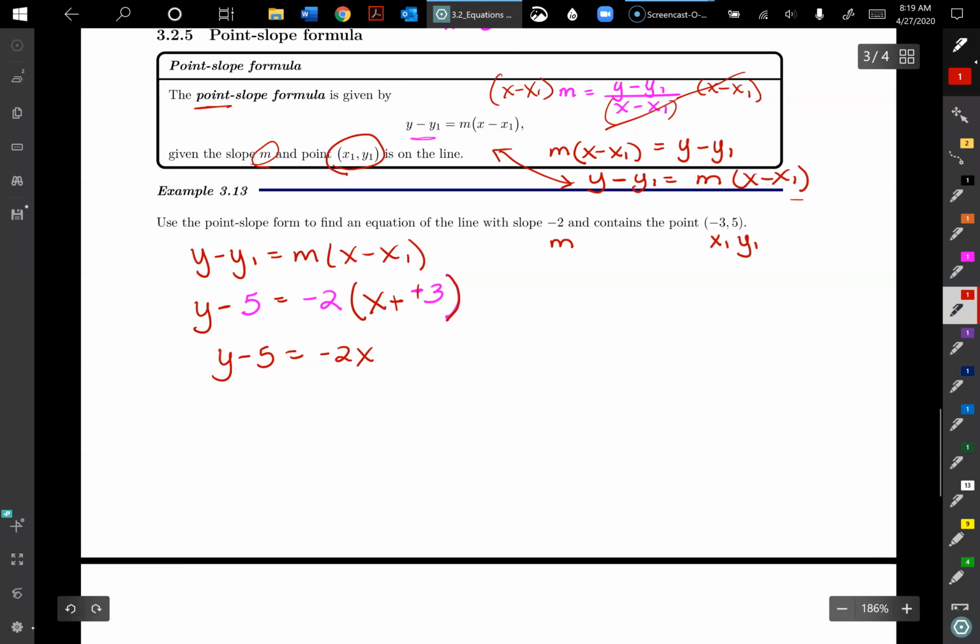We have to distribute. And then we have negative 2 times the 3 is going to be negative 6. And just keep simplifying. We're going to add 5 to both sides here. I should be really good at this by now. Y equals negative 2x, and then minus 6 plus 5 gives me a minus 1.